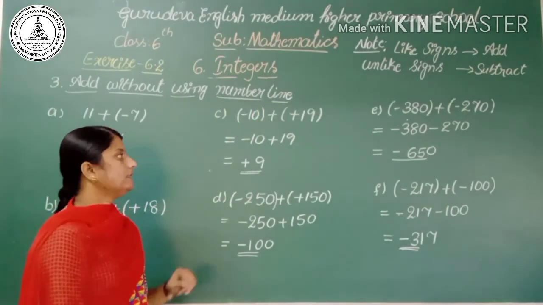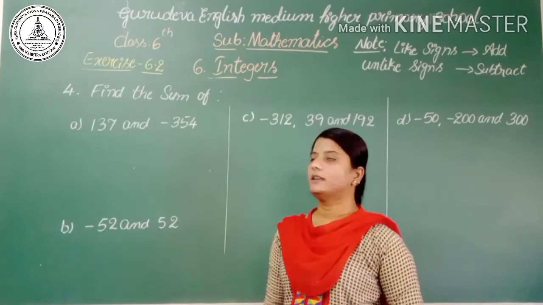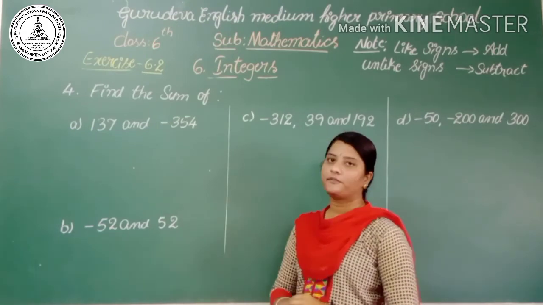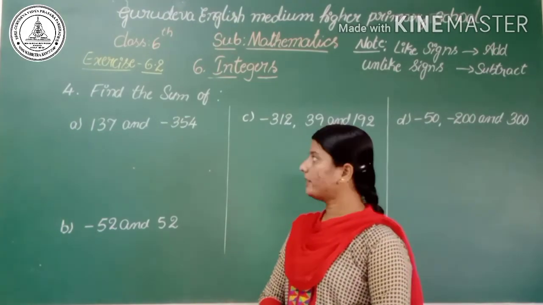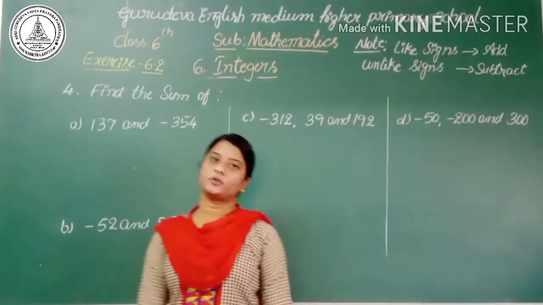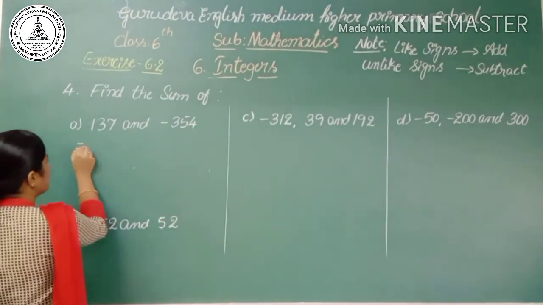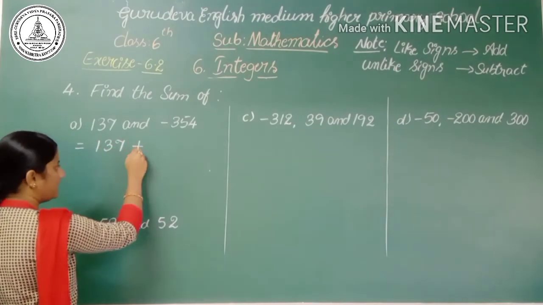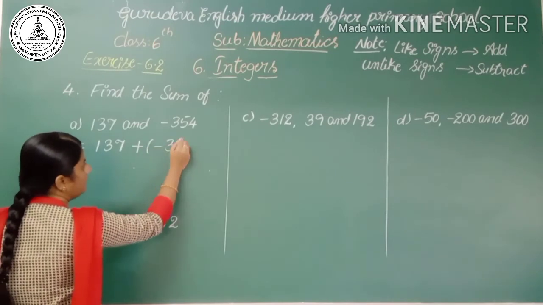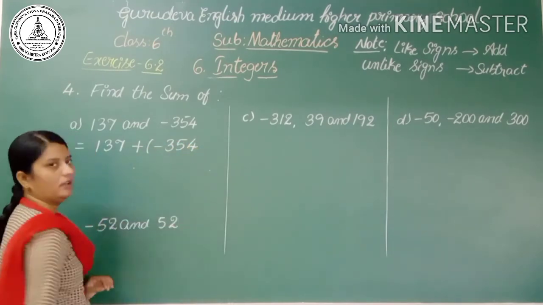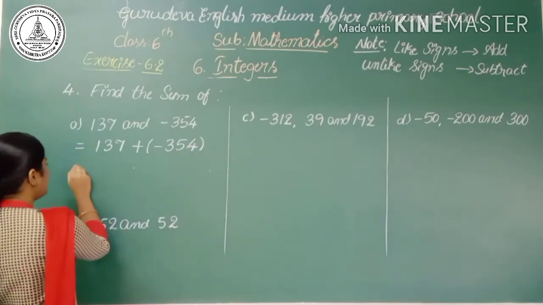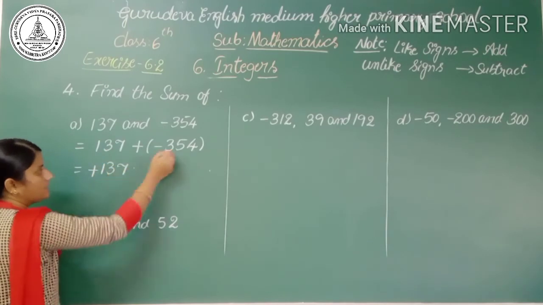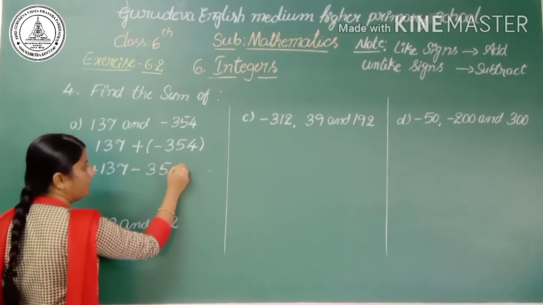While we are adding without using the number line, we have to keep those two points in our mind. Okay. Then let's go to the fourth main question. Find the sum of the integers. So without using a number line, we can find out the sum of these two integers. First write the given integers using the plus symbol: 137. Sum they are asking, so we have to add plus and give the bracket, minus 354. Close the bracket, which is equals to, write the 137 is a positive integer, right? 137 minus 354.